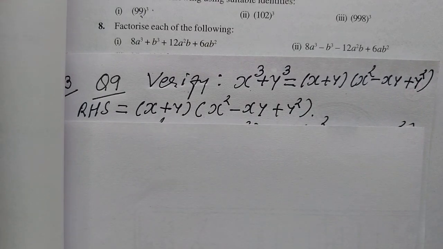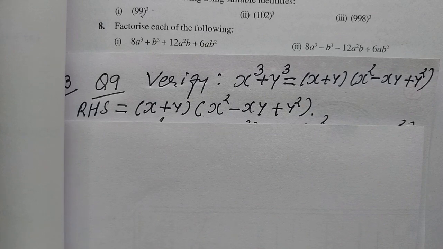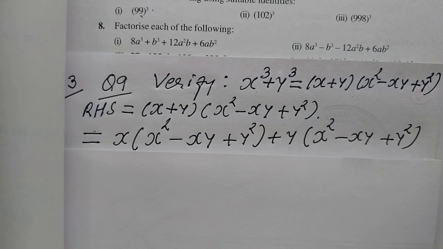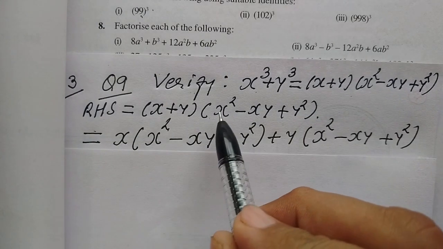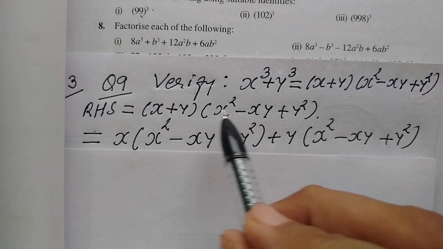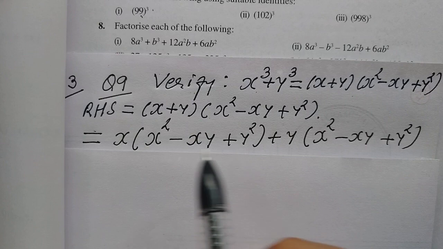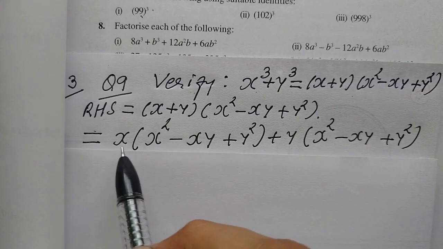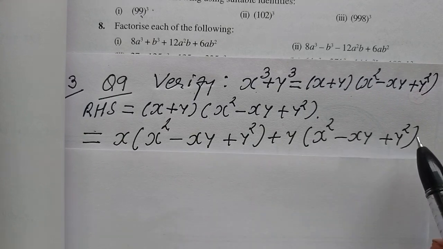Now don't proceed, immediately pause the video. Try it yourself, then only you will learn mathematics. x whole bracket is here, plus y whole bracket is here. Now multiply x with this, x with this, x with this, similarly for y.